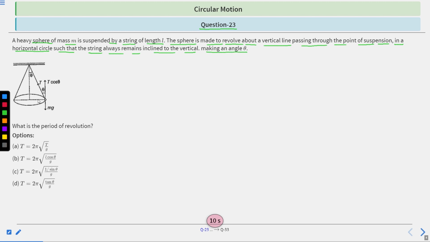Clear? So, what is the period of revolution? Here, the question asks about the period of revolution. The given options are these. Which one is correct? You have 10 seconds to solve this question. After 10 seconds, we will provide the solution.